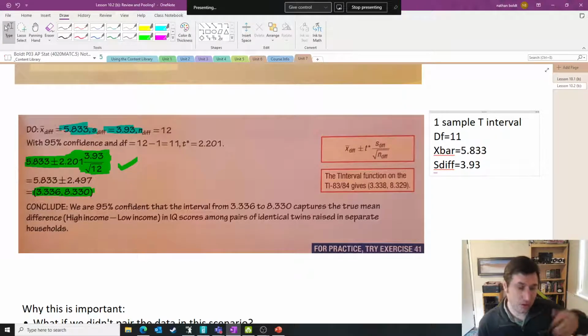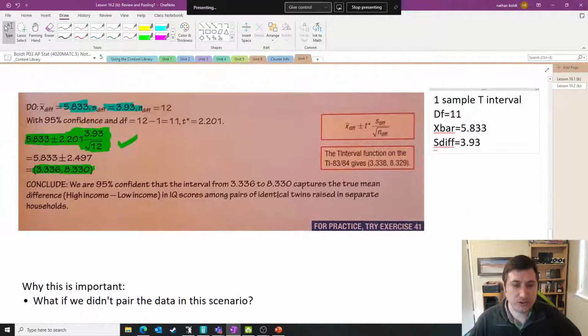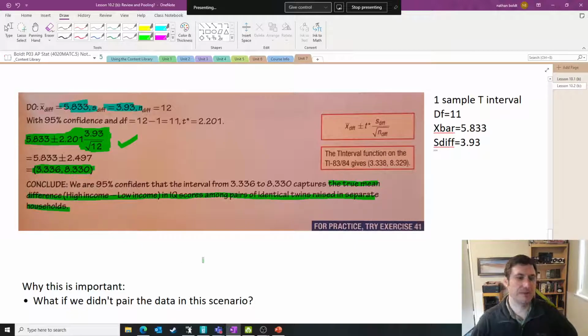And the video will again remind you about that. The sentence is then completely the same. Just make sure you have your context in order. Captures the true mean difference in IQ scores among pairs of identical twins, etc., etc.